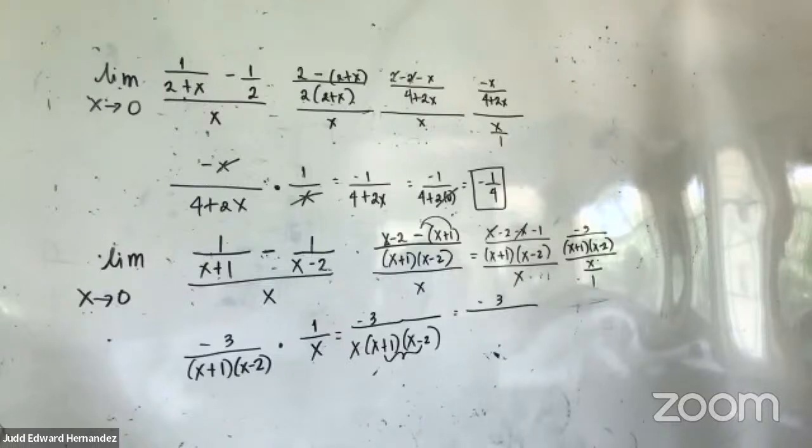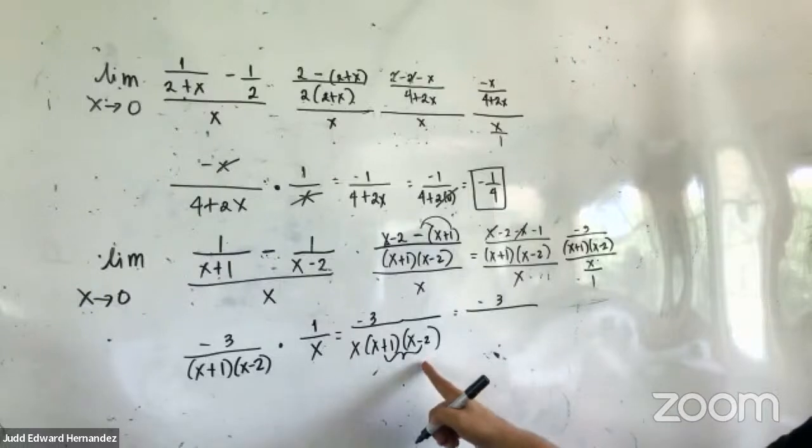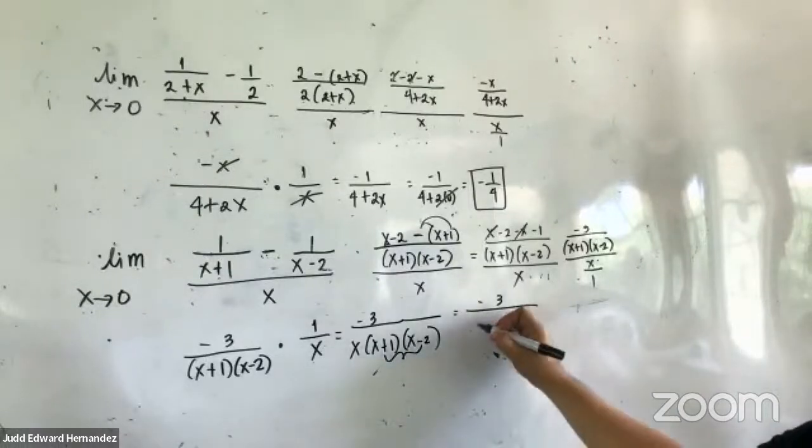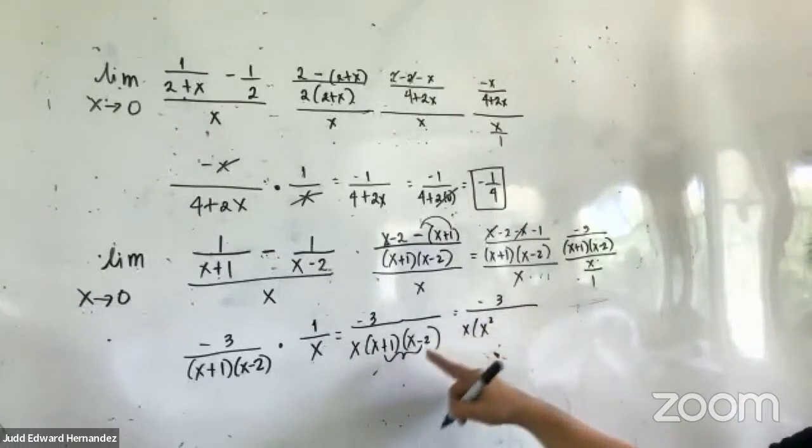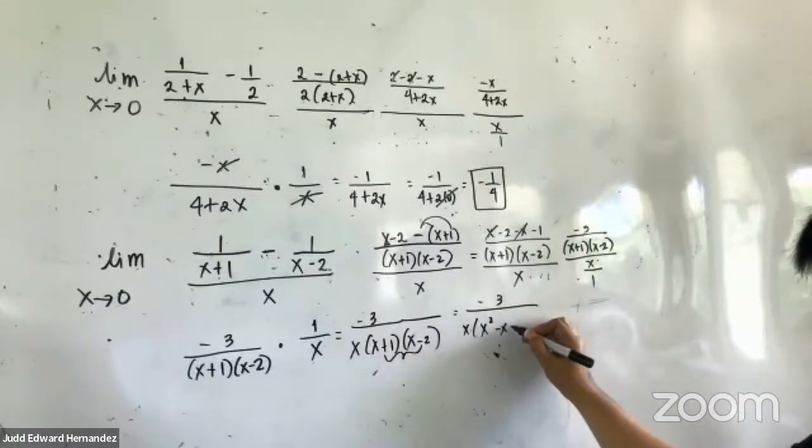Yes. X squared minus x minus 2 po. Okay. X squared minus x minus 2.